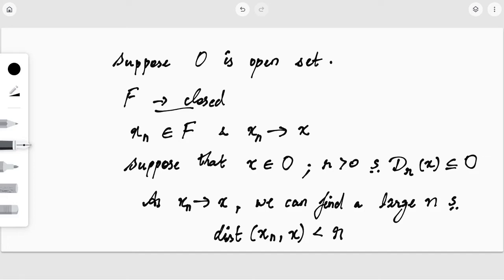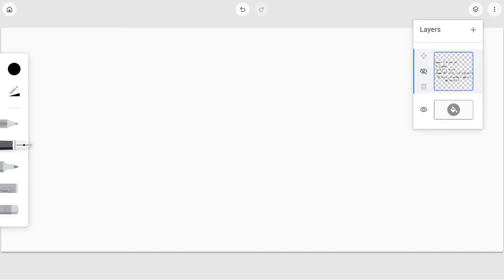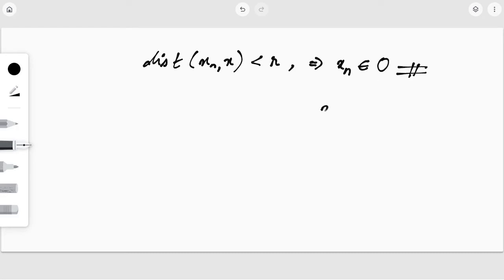Now if this is true, that is, if the distance of xn and x is less than r, then by the definition of open set, what can we conclude? We can conclude that xn will be an element of O, right? So this is a contradiction to the fact that xn belongs to f.